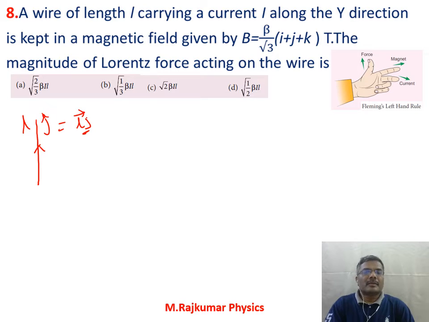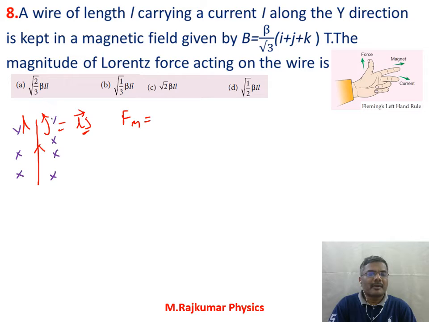So as per the Lorentz force formula, the force acting on the wire which is kept in the magnetic field. So this wire is inside the magnetic field, so the magnetic field will be into this page, perpendicular to this wire.